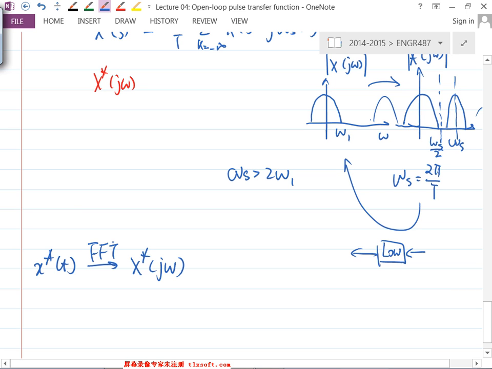As I said, you can use a low-pass filter to get back to x of j omega. Then from x of j omega, if I want to get back to x of t, you use the inverse fast Fourier transform. So those are the connections.